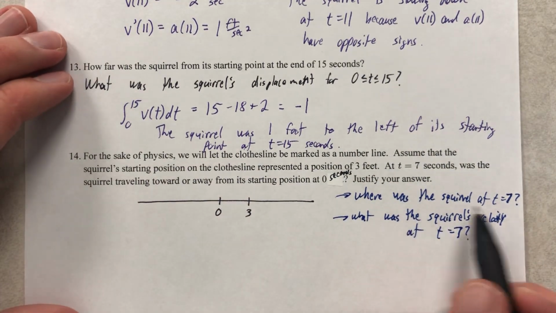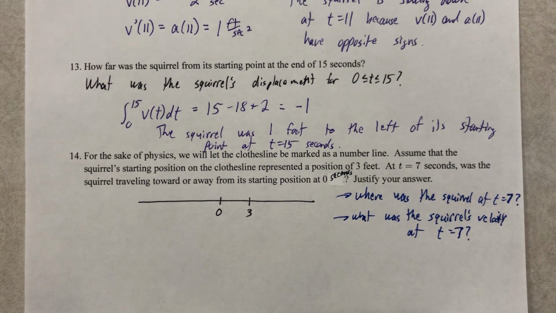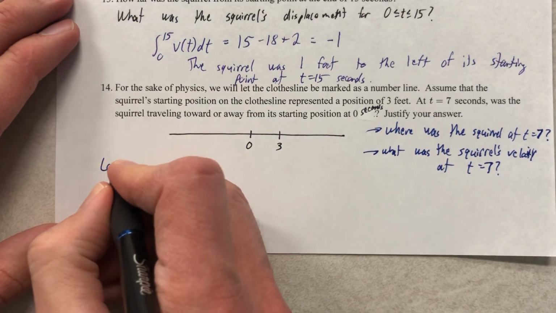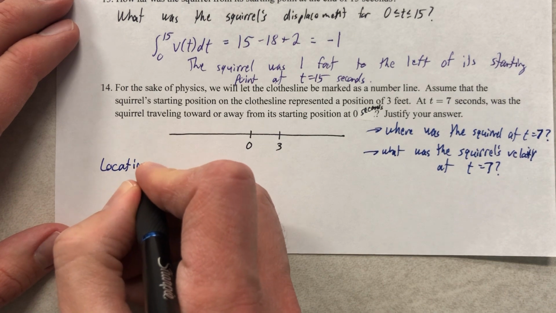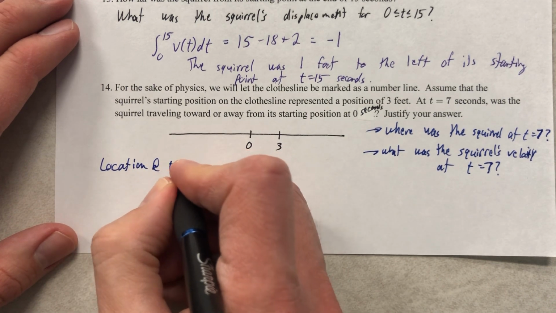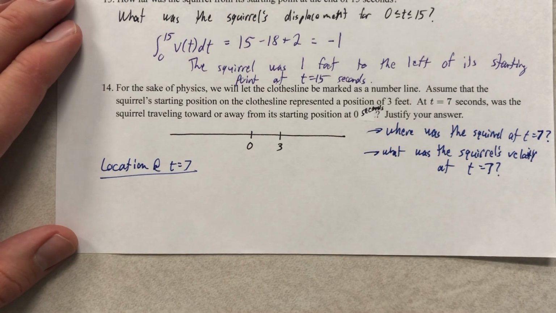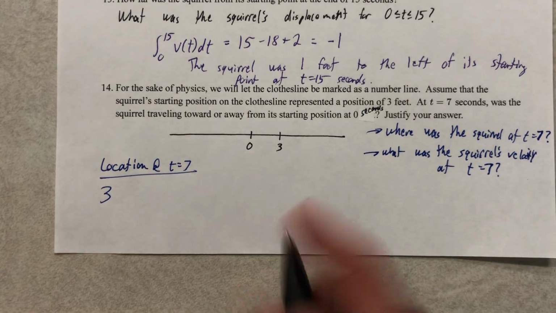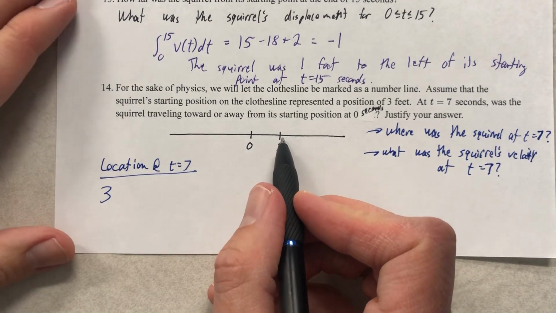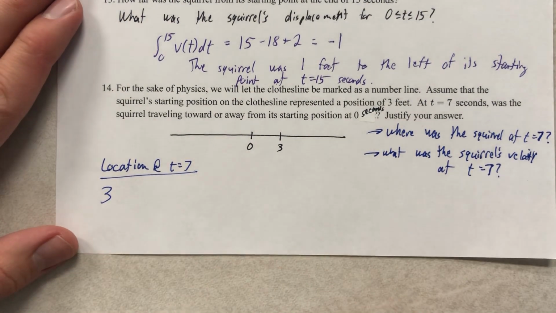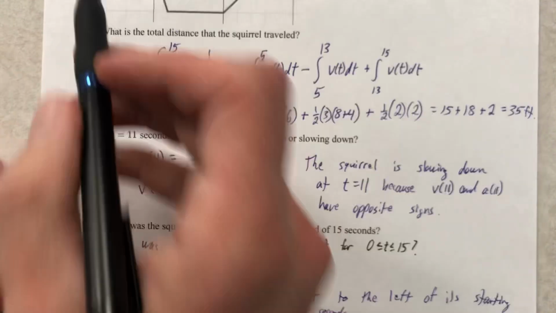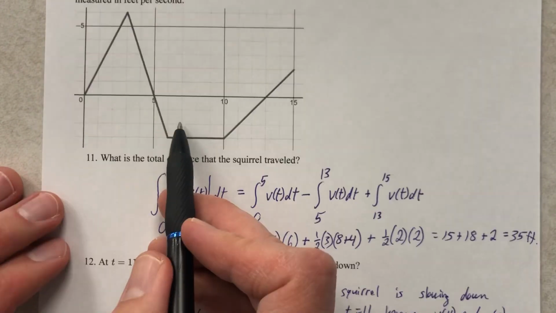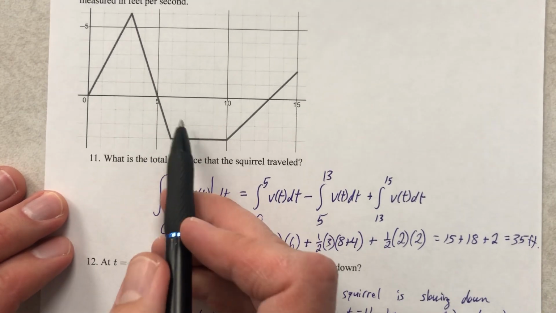So where was the squirrel at t equals 7? Well, the squirrel started here. Location at t equals 7. The squirrel started at 3, and then scampered back and forth, and this is where the squirrel just stopped the process.